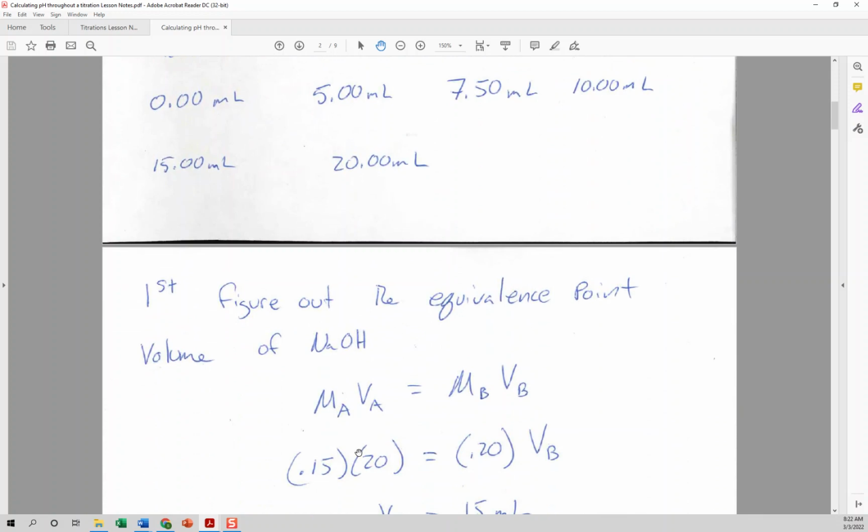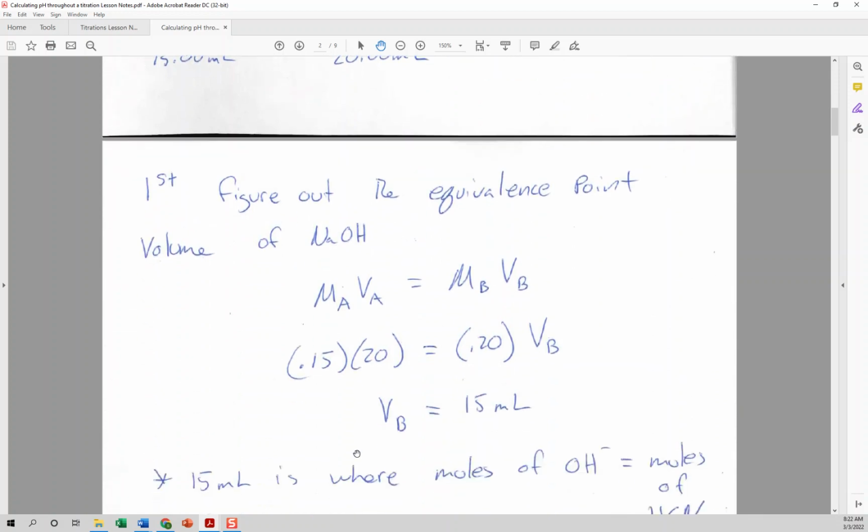All right. So the first thing I want to do in this type of problem is figure out what volume of sodium hydroxide it takes to reach the equivalence point. And remember, the equivalence point is where moles of the HCN equals moles of the hydroxide.